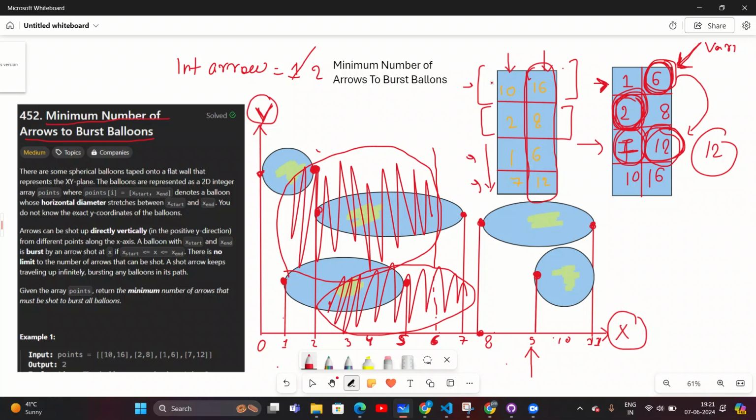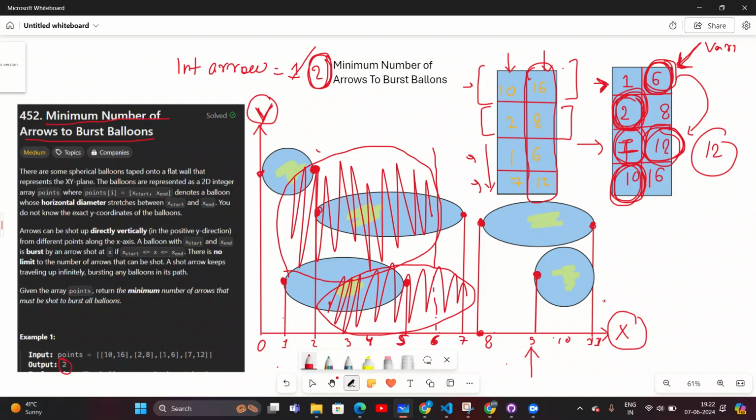And it will increment the counter. Again we check: now 10, the starting coordinate, is less than the ending coordinate of the previous one, so we are not going to do anything and simply return the arrow count. So it is 2 in this particular case. So the answer is also 2.